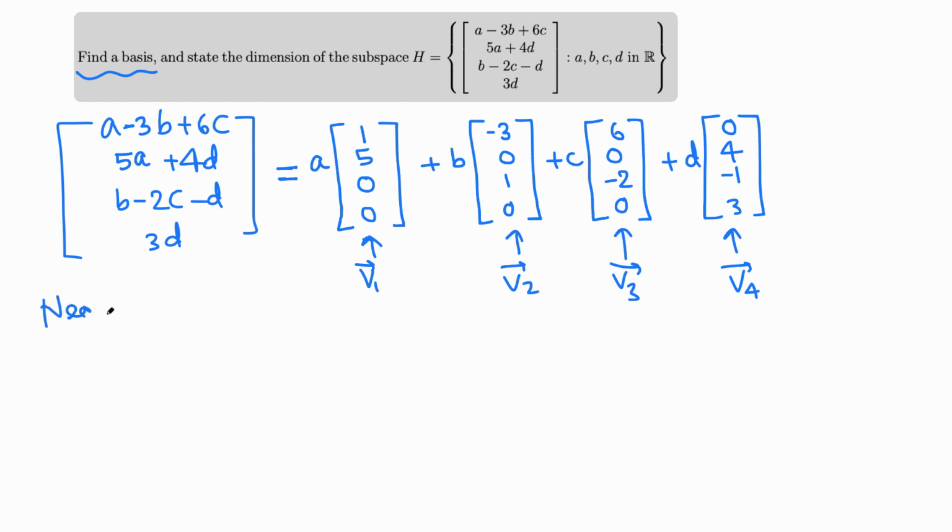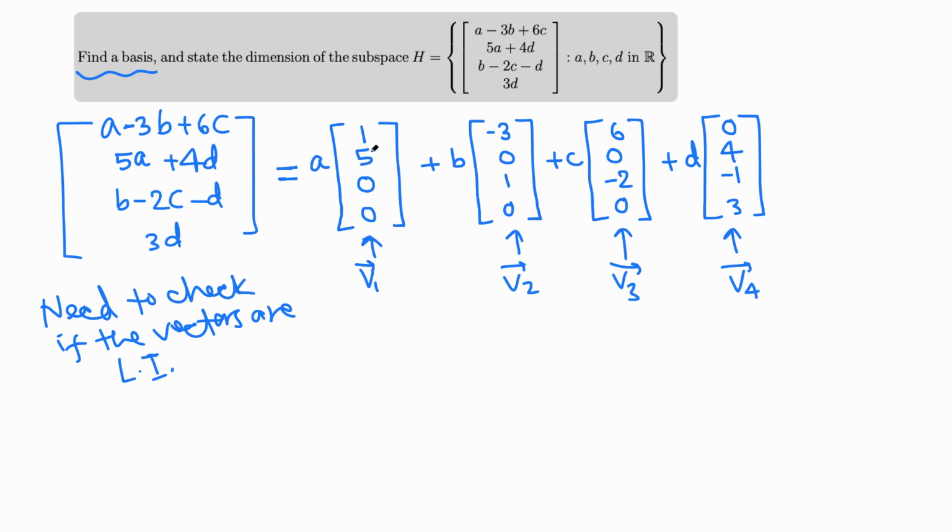Okay, if you see one is a multiple of another, then we can just disregard that vector, because that is linearly dependent.